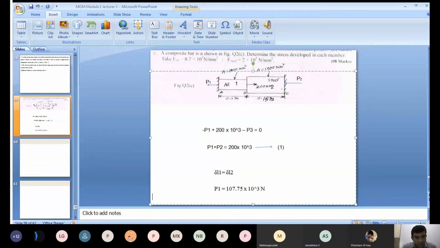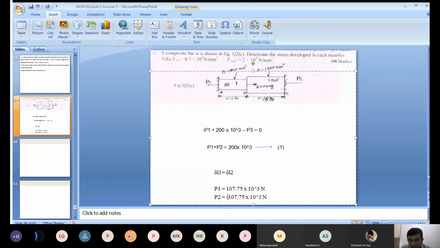What is the value of P2? 307.75 into 10 power 3 Newton. Yes, these two are right answers. So actually P1 is positive, P2 will get a negative value, I think.